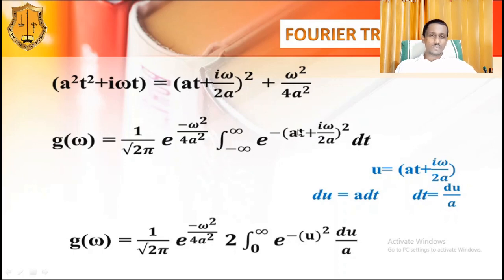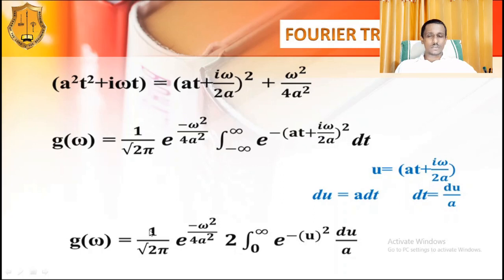Before integration, we have to give a substitution here. Therefore, our substitution is u equal to at plus iω by 2a. Therefore, du is equal to a into dt, and dt is equal to du by a. Therefore, we can substitute u and dt in this equation.